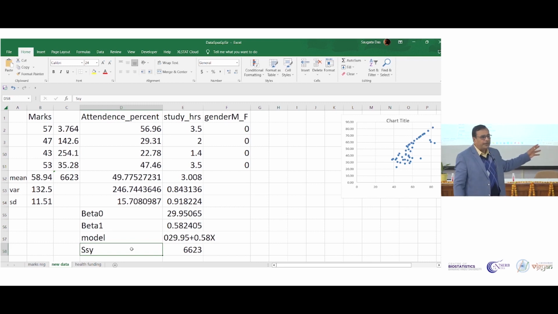This 6623 is total information of Y. Now we want variation of attendance. Okay? Means out of this amount of 6623, what is the amount of X? Okay?